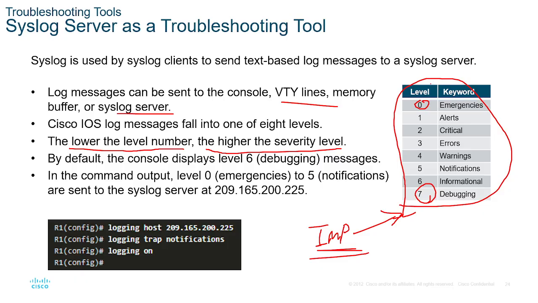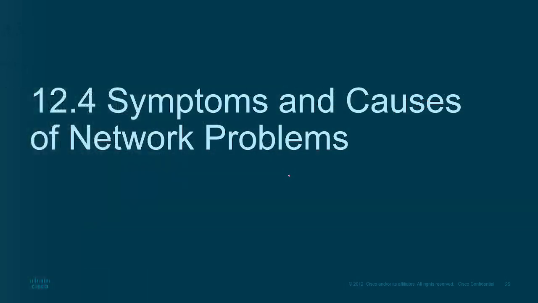So the thing is, level 0 is very important and level 7 is just debugging. If it is level 0, it means it is quite important: alert, critical, error, warning, notification, informational, debugging, and so on. Now 12.4, symptoms and causes of network problems.